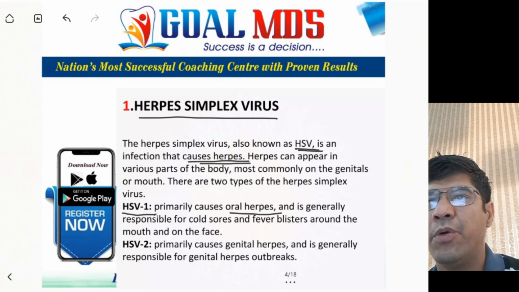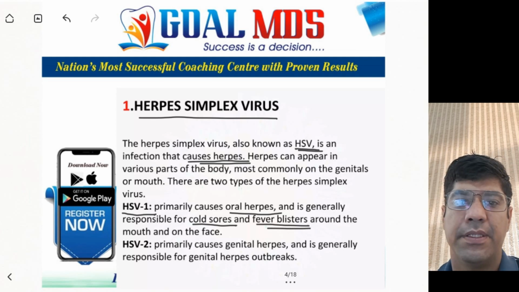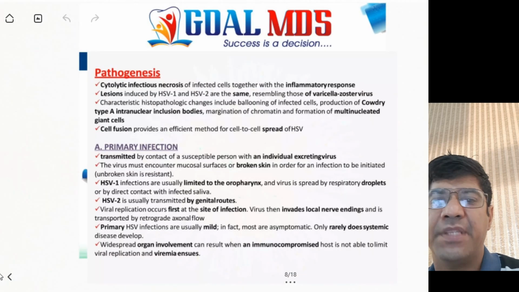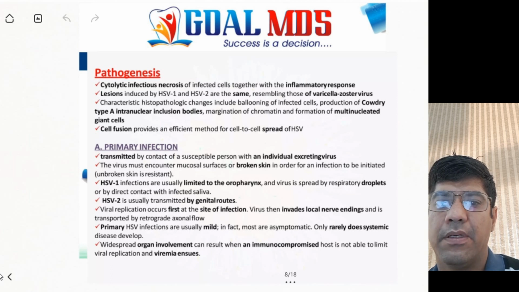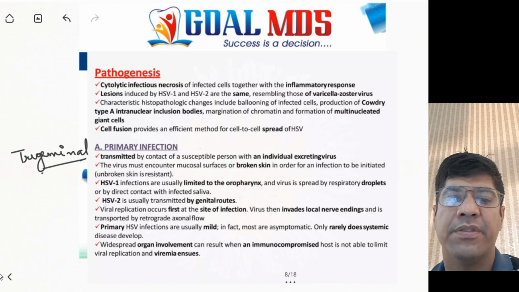Whereas type 2 causes genital herpes and is responsible for genital herpes outbreaks. What is the most common site for latency of herpes simplex virus? It is the trigeminal ganglion. The virus will travel along the sensory neuron axons between the skin, mucosa and ganglion.